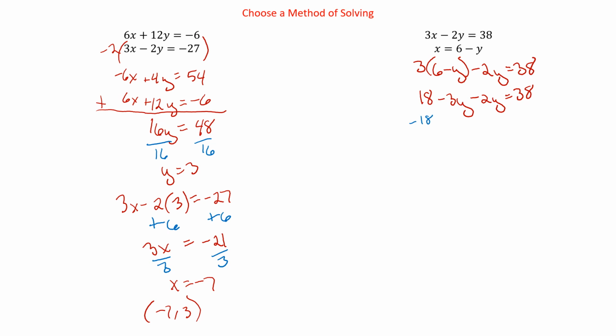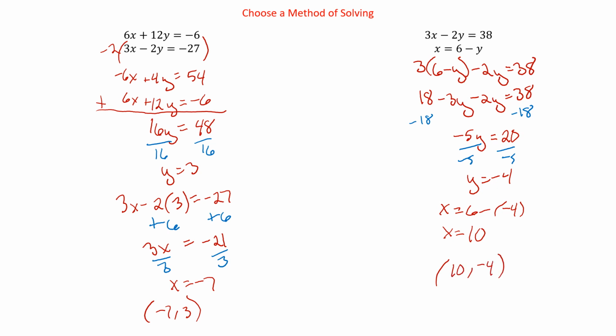We can subtract the 18. So -3y minus 2y is -5y equals 38 minus 18 is 20. Divide by -5, and we get y equals -4. Plug that in. I would plug it into the bottom one. x equals 6 minus -4, which is 6 plus 4, so x equals 10. So we get (10, -4).